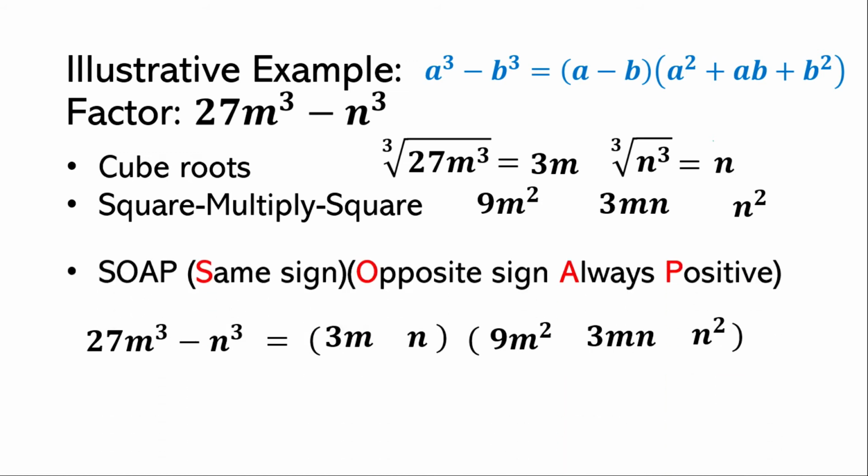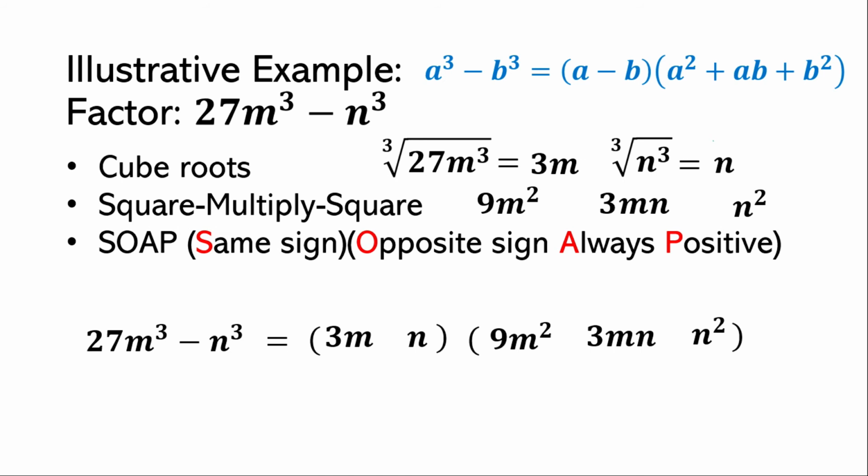For the SOAP, we have to use the same sign for the binomial, the opposite sign, and then always positive doon sa dulong part ng trinomial. So the factor of 27m cubed minus n cubed is equal to 3m minus n times 9m squared plus 3mn plus n squared.